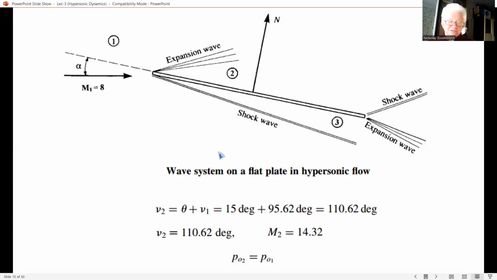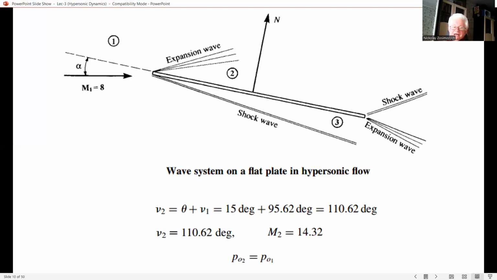Let's start with the exact theory solution. Consider the flat plate shown in this figure on this slide. The flow over the top goes through an expansion wave, and the flow over the bottom goes through the oblique shock wave.